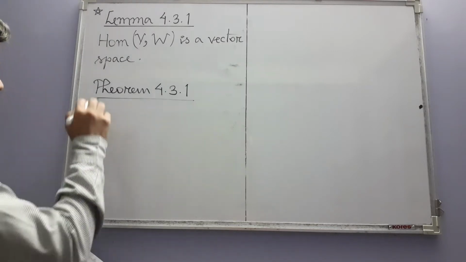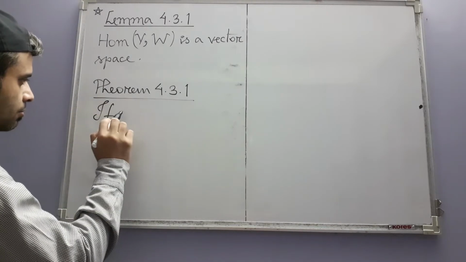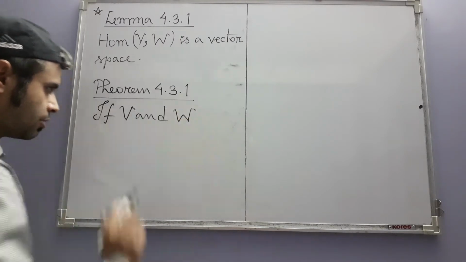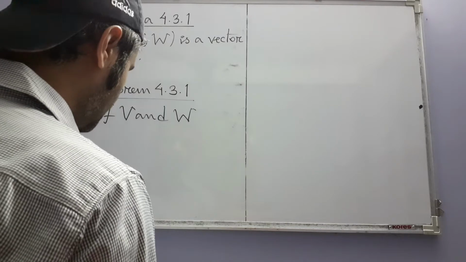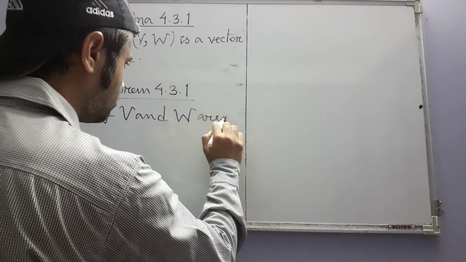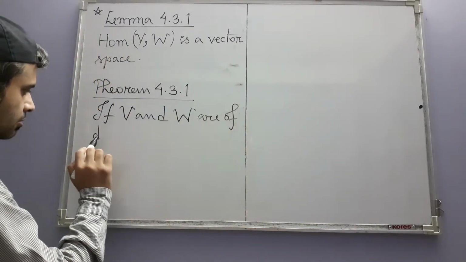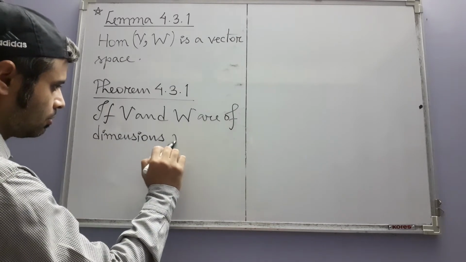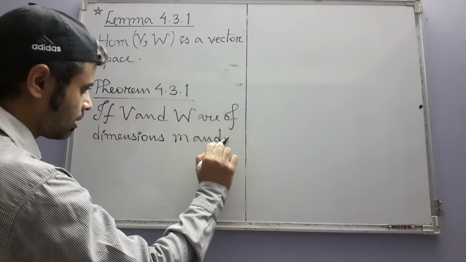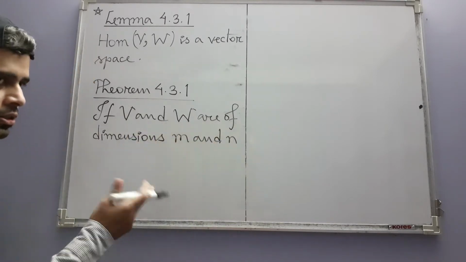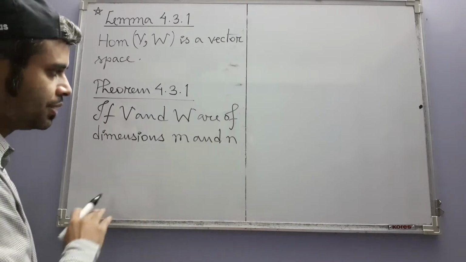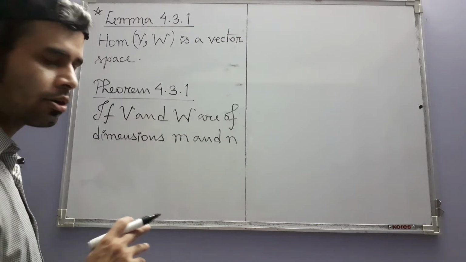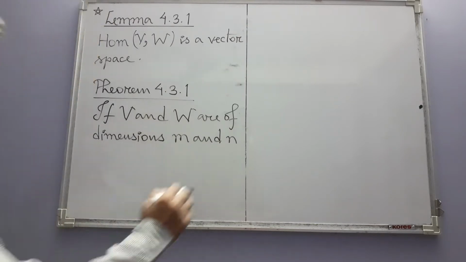So the statement goes like this: if V and W are of dimensions m and n respectively over F. Saying dimensions means they are vector spaces; in this context it need not be mentioned all the time.